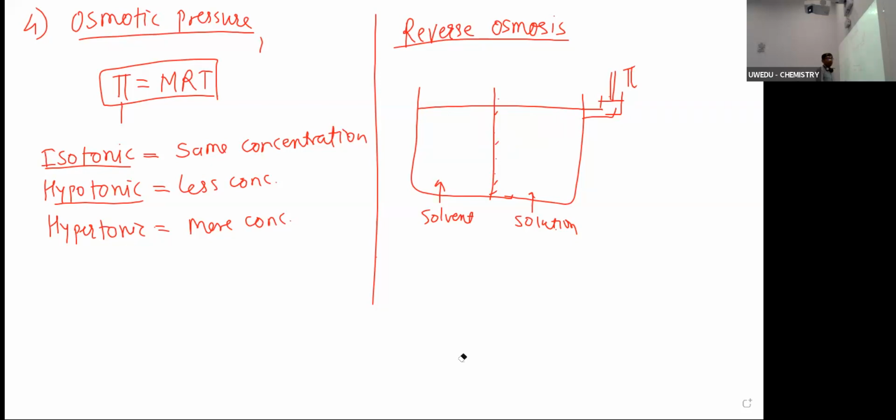And if we apply a pressure which is greater than osmotic pressure, then what will happen? When we are applying pressure greater than osmotic pressure, then the liquid from solution will flow to solvent, and this is called reverse osmosis.